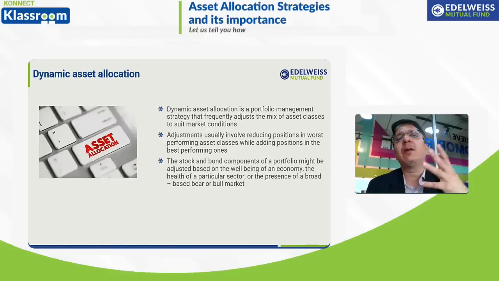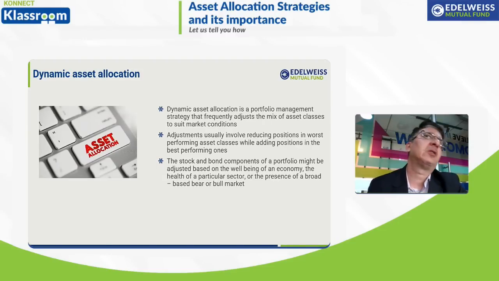Okay. And the third one is a dynamic asset allocation. Now you don't have a strategy here. You're saying, no, I don't want to be stuck on a 65-35, 70-30. I want to decide on how much investment I should do depending on how I'm reading the markets. So you're completely open. You think the markets will do well, you can do an 80-20.